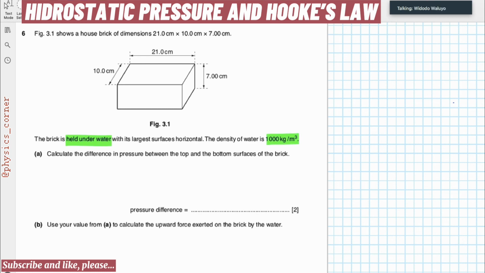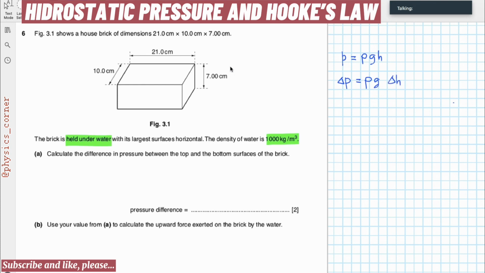Calculate the difference in pressure between the top and bottom surface of the brick. The difference in pressure is delta P. P actually equals rho g h, so delta P equals rho g delta h.